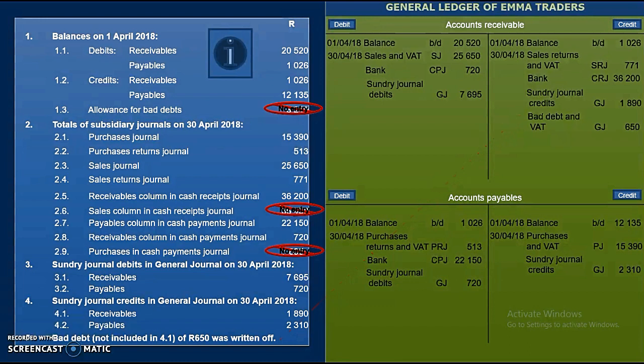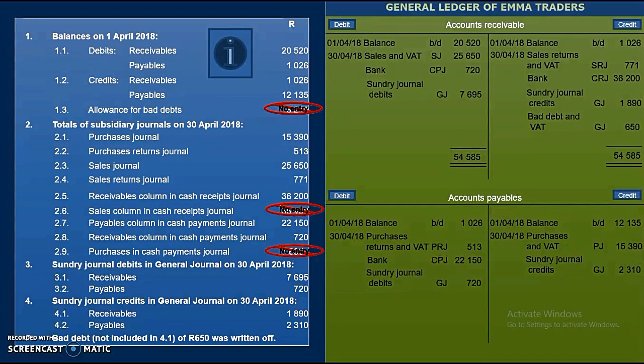The last step would be to balance the accounts receivable account as well as the accounts payable account. First, let's look at accounts receivable. We add up the debit side, and this totals to 54,585. That total will take over to the credit side.